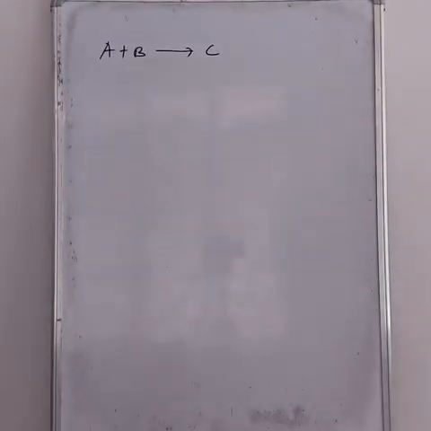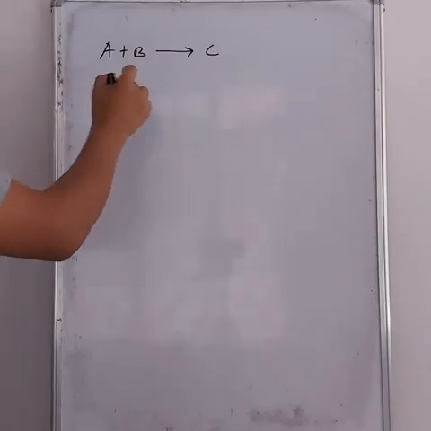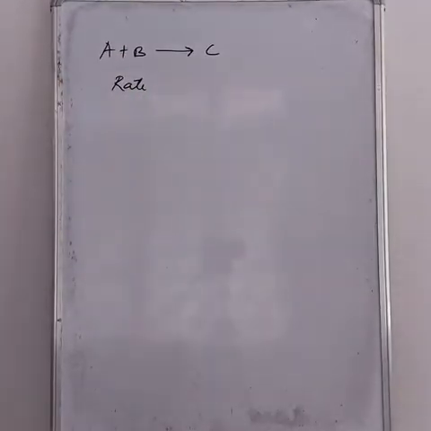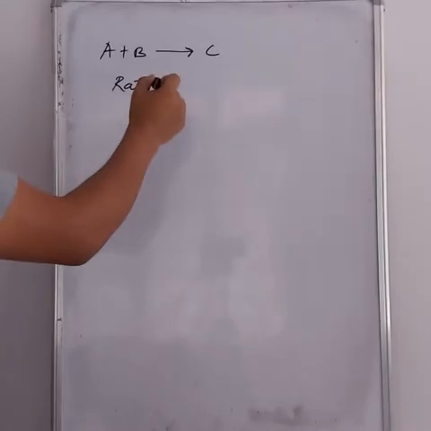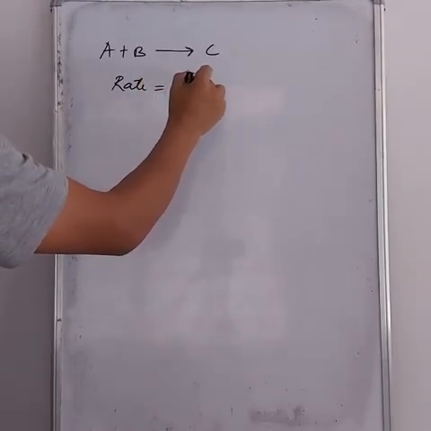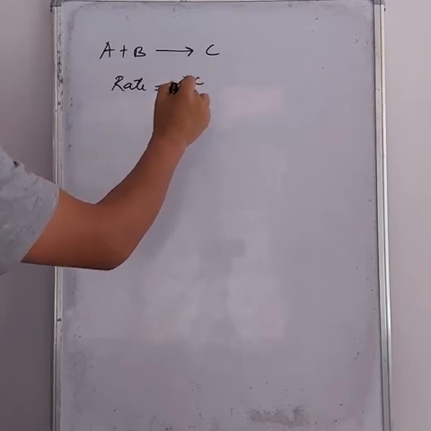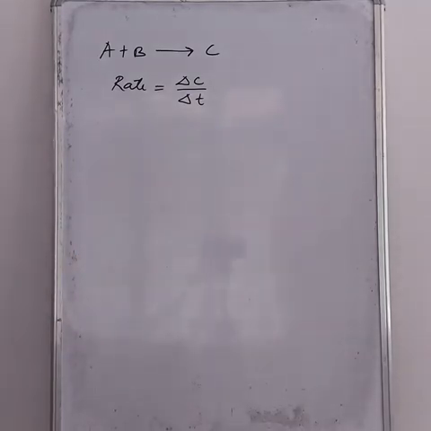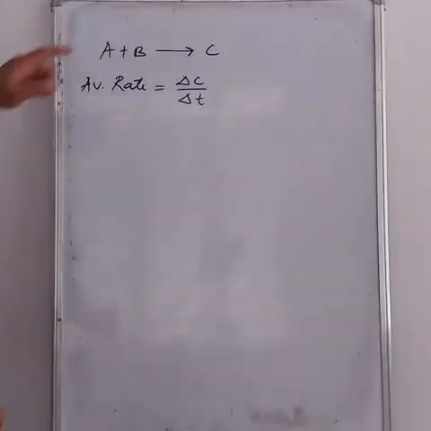We determine how fast or how slow things are changing. That's our rate. So the rate of this reaction would be the change in the concentration of C over the time taken. That will give us the average rate.